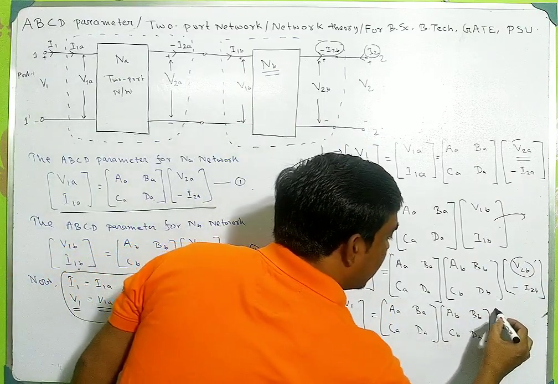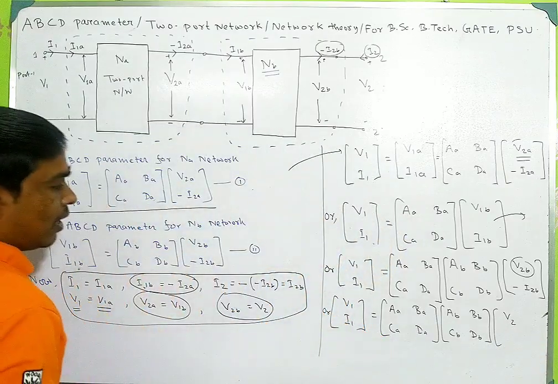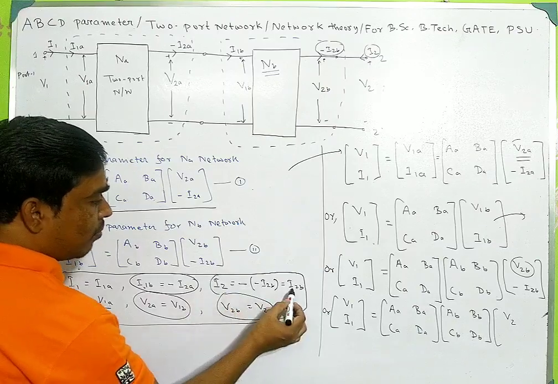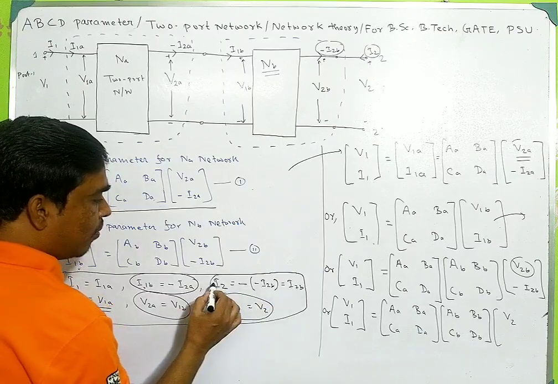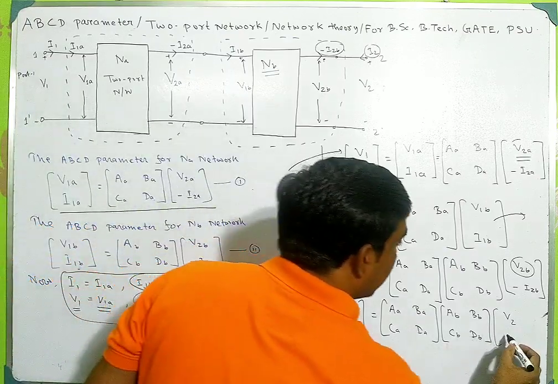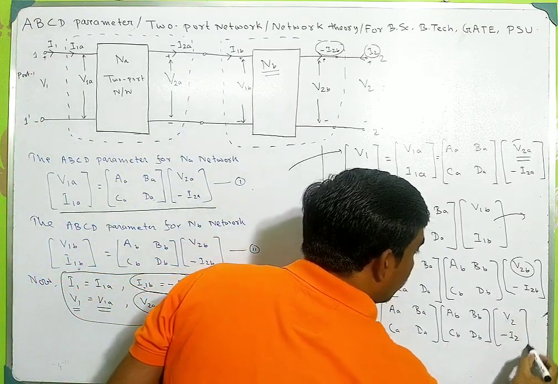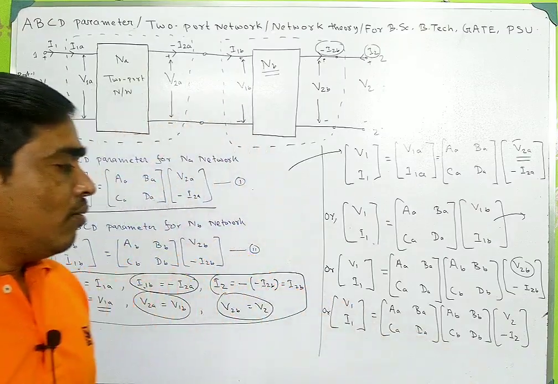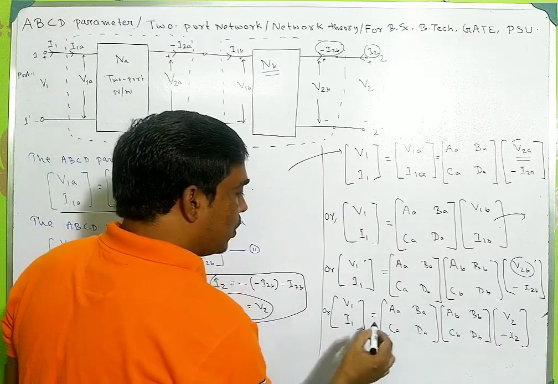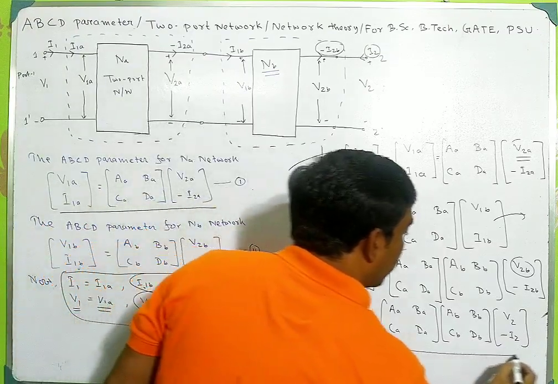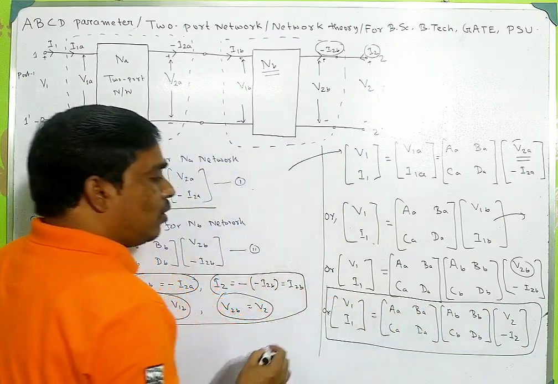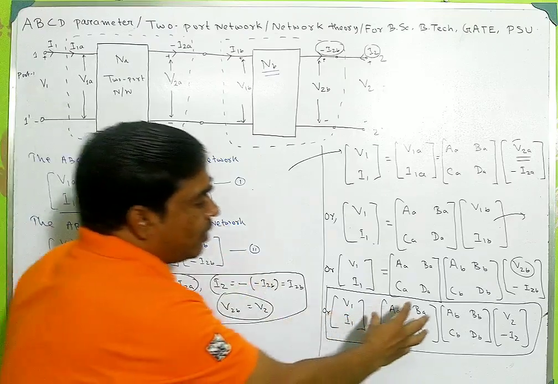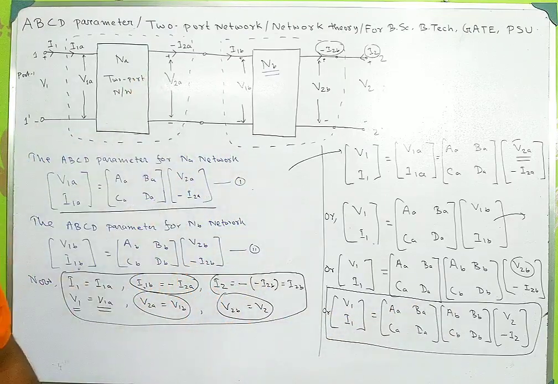So I can write here V2, and here minus I2B, so I2B is given by I2. If I put this minus here, you can write this as minus I2, because minus I2B equals minus I2. So this is the equation. From this equation we can say this is the total cascading ABCD parameter of this cascading network.